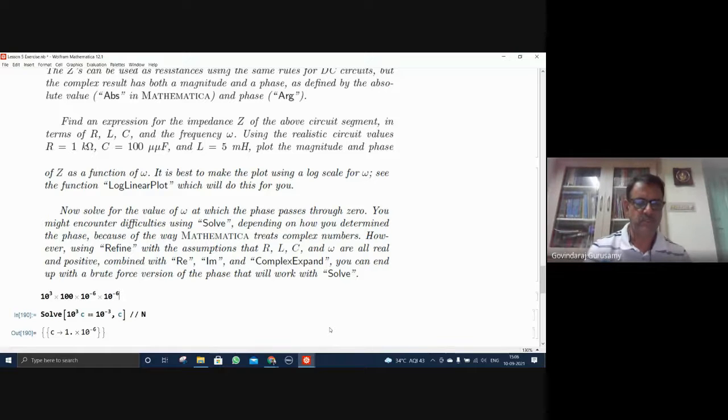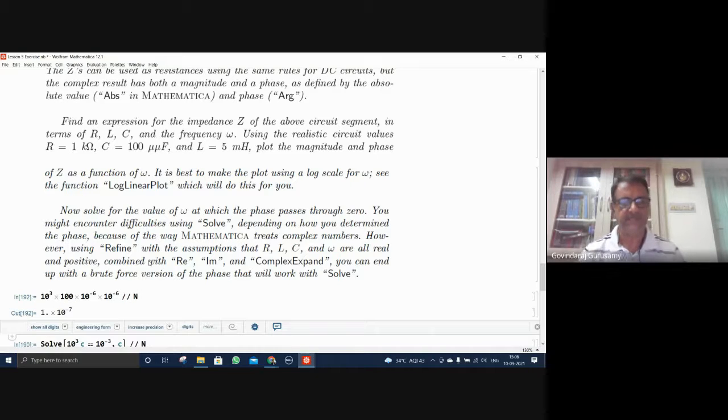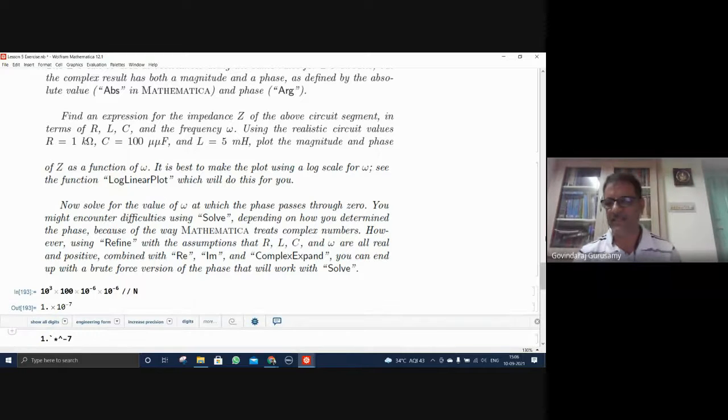If I multiply these two, that is equal to my time constant. I have not introduced any decimal anywhere, therefore it gives an integer form, so I would like to put it in numerical form. It's going to be 10 power minus 3 second. Understand? This is the time constant that you have for this R and C.